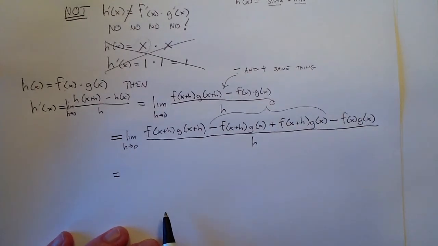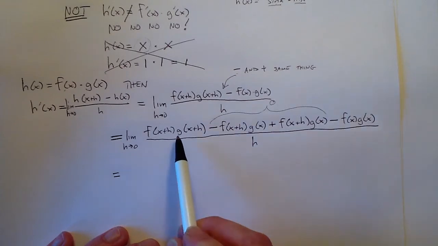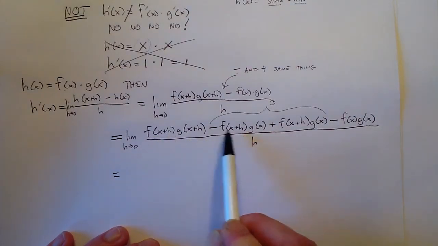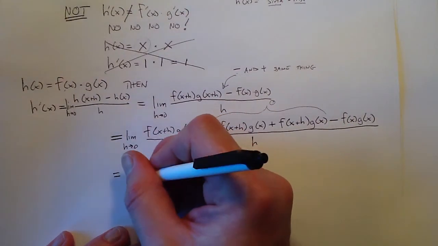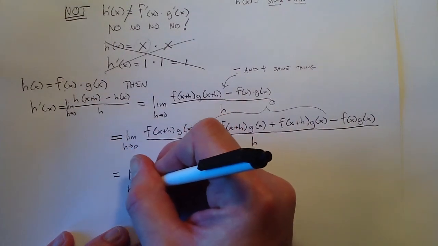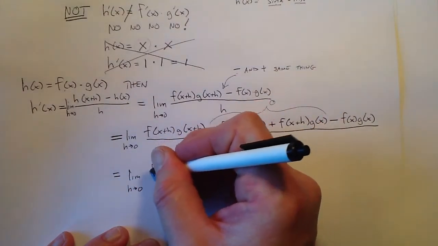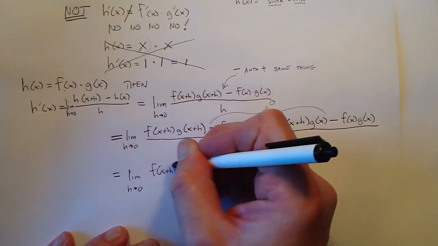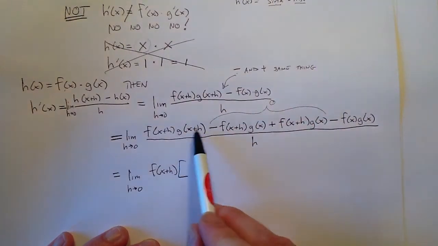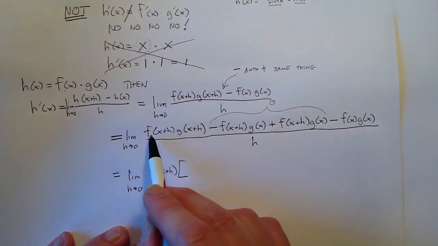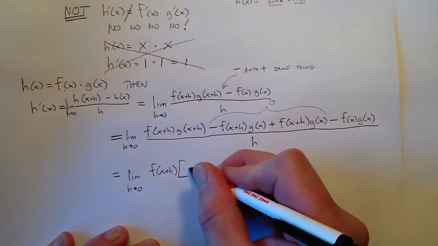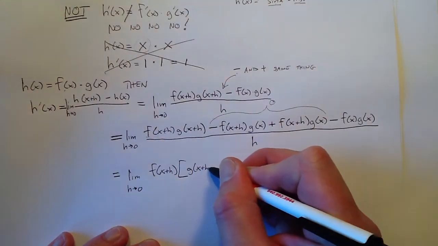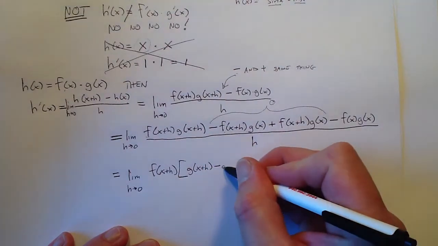Okay, now I'm going to do a little bit of grouping of the terms and do a little bit of factoring. So here, these first two terms have an f of x plus h in common. So I'm going to go ahead and factor that out. All right, so if I factor the f of x plus h off those first two terms, that leaves behind g of x plus h minus g of x.